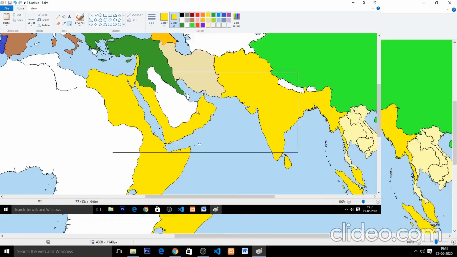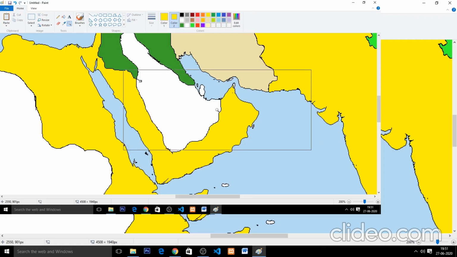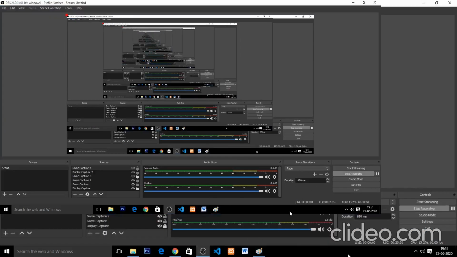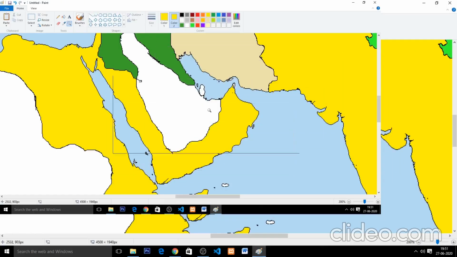So yeah, that's what would happen if the Peshwas had the battle. India would have a colonial empire looking probably like this.